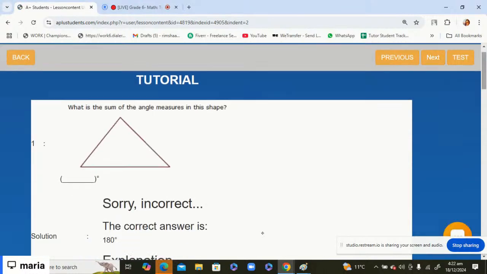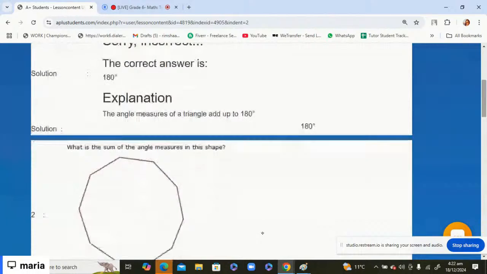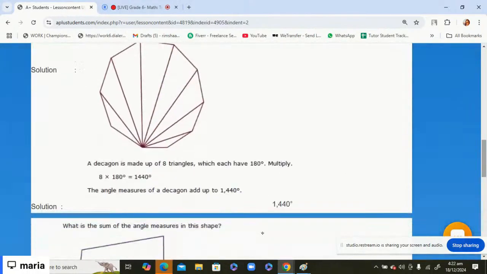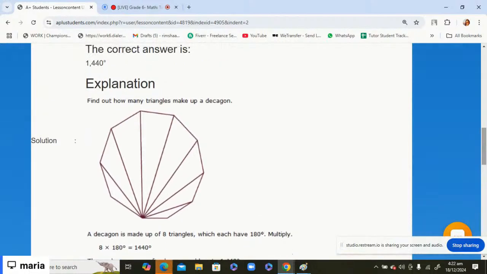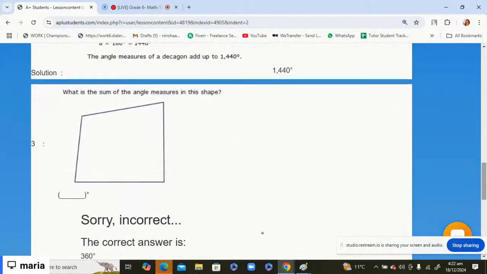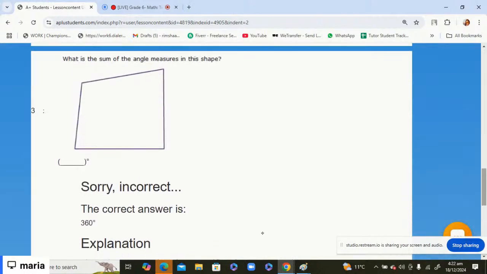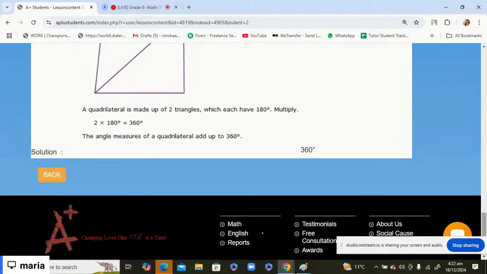Now here is the triangle. As we know, a triangle equals 180 degrees. This square is 180 plus 180, that is 360.